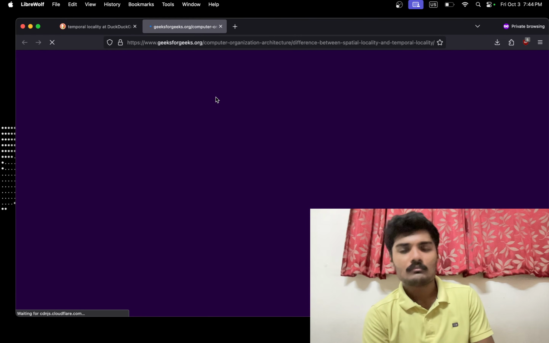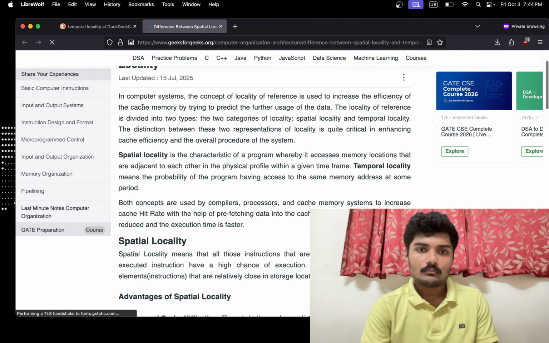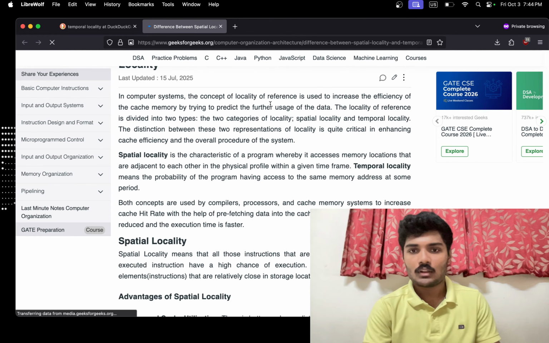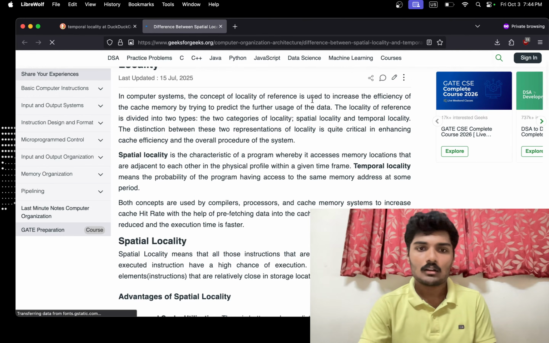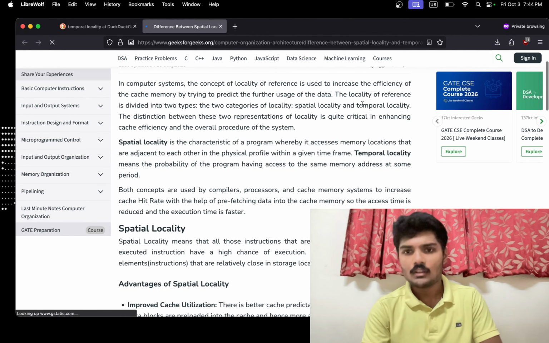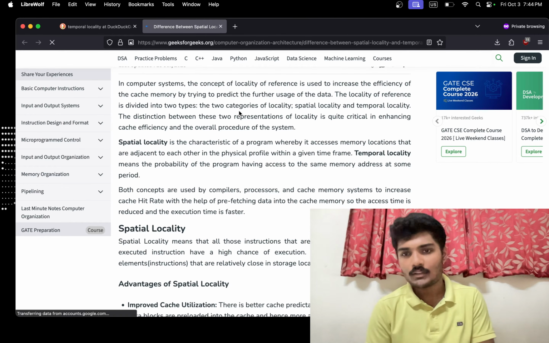What was temporal locality? In computer systems, the concept of locality of reference is used to increase the efficiency of the cache memory by trying to predict the further usage of the data. The locality of reference is divided into two categories: spatial locality and temporal locality.